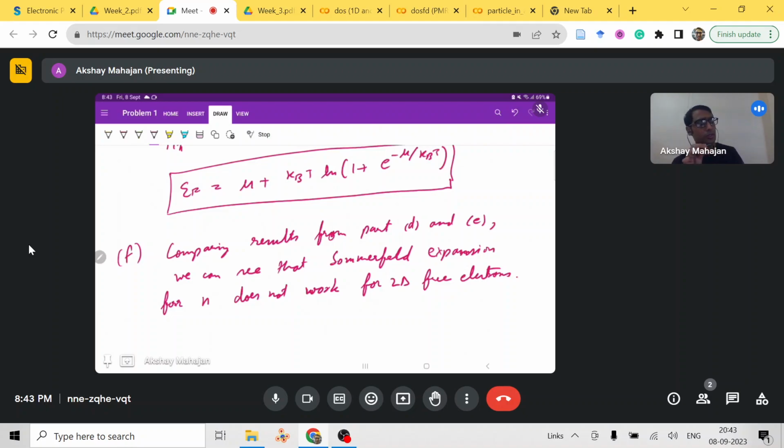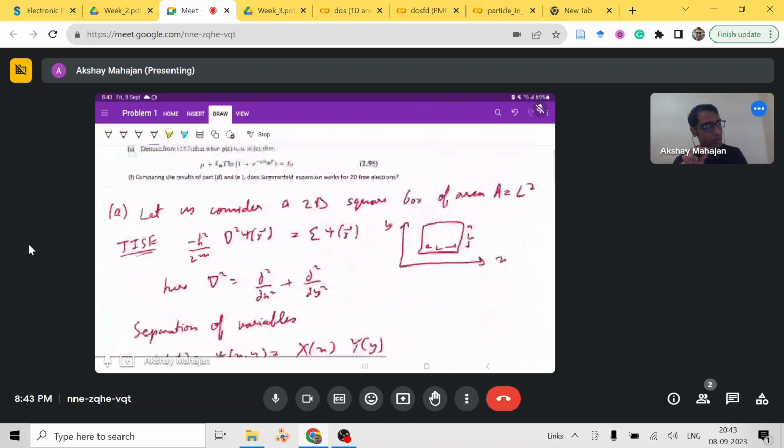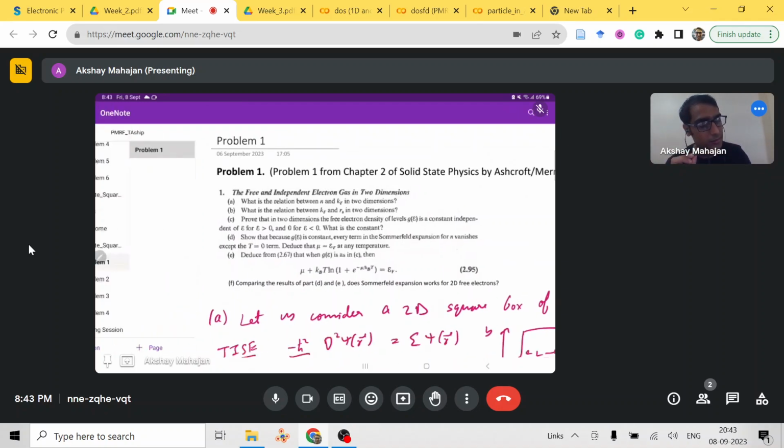So it doesn't work for 2D free electrons, and it will not work for others as well. You can check. Basically for 2D free electrons this Sommerfeld expansion doesn't work, and we have checked it for the free electron density.